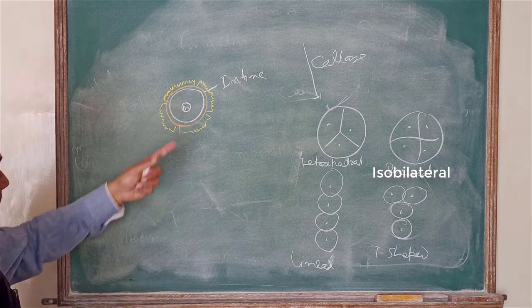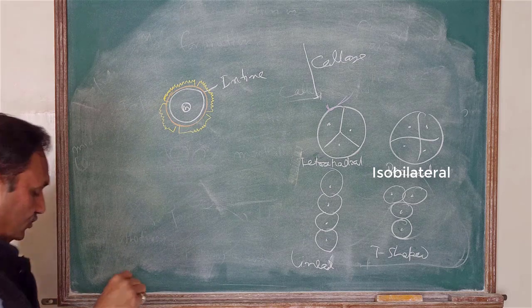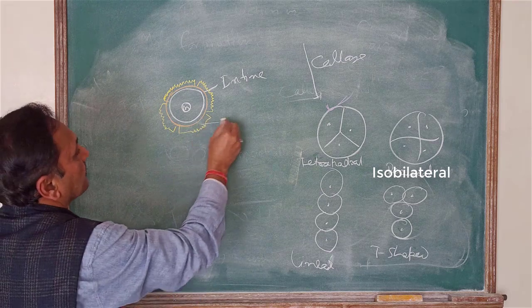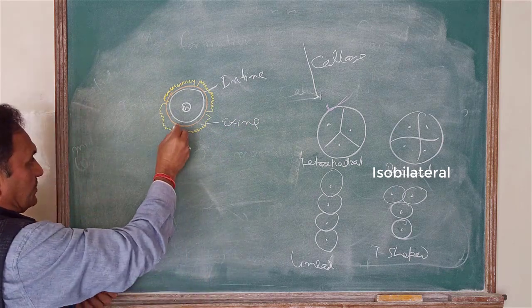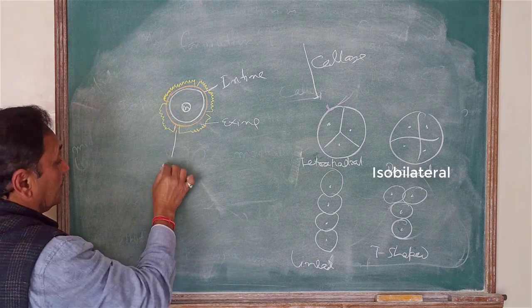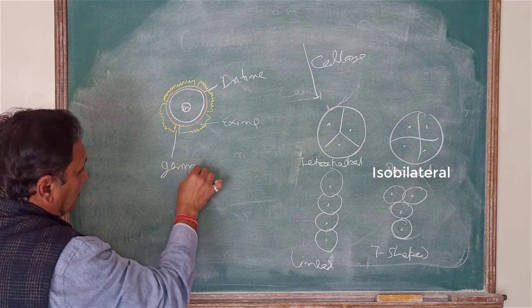This is called exine. The space where exine is not present is called the germ pore.